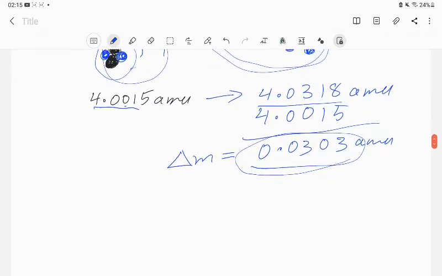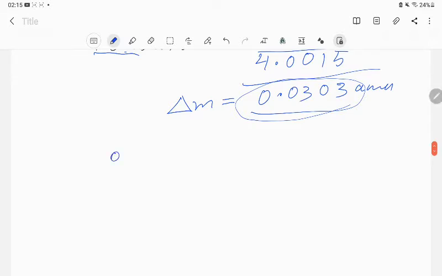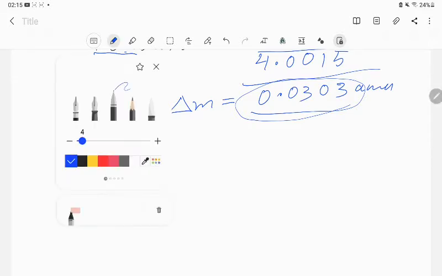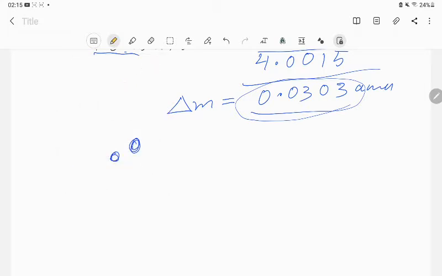See, suppose 2 protons and 2 neutrons. Yellow is neutron and blue is proton.